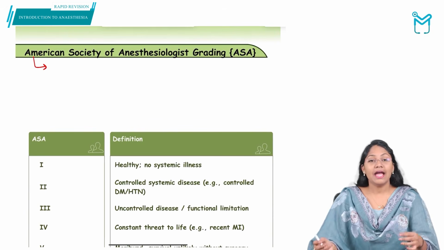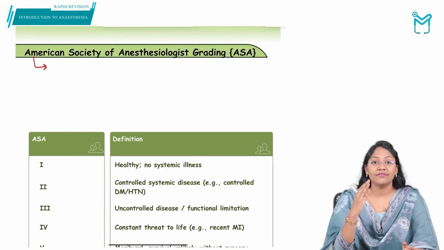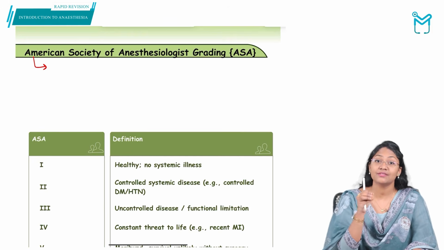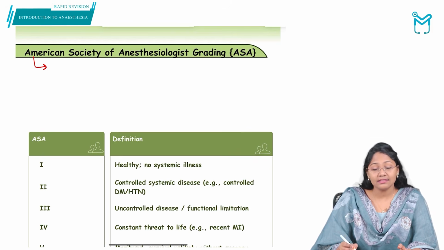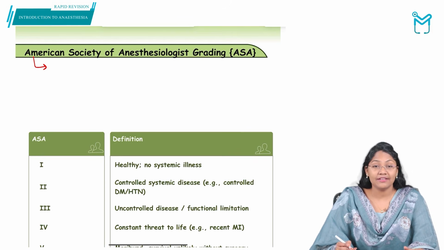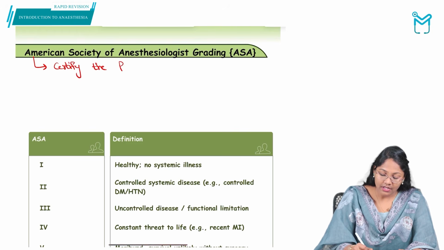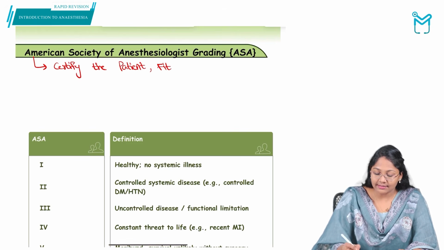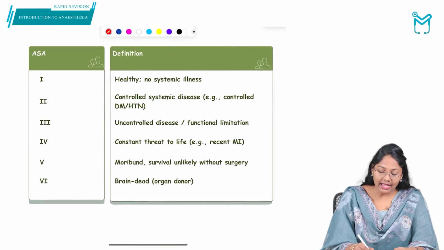As we do these 3 kinds of pre-anesthetic checkups, we assess and certify the patient, whether he is fit for anesthesia or not. This is the American Society of Anesthesiologists grading, which is given to certify them. So how do we assess this?